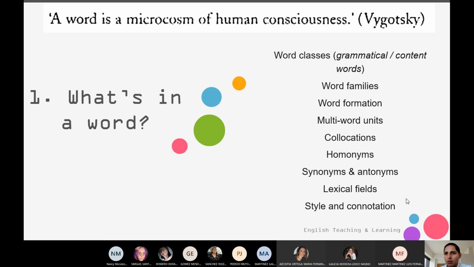Okay, so the moment we are checking vocabulary, how people learn vocabulary, how to acquire vocabulary, and how to teach it, every single theory of learning is going to make sense. So here it's a moment to take into consideration the presentations on Piaget, on Vygotsky, on Bruner, and also Krashen's hypothesis.